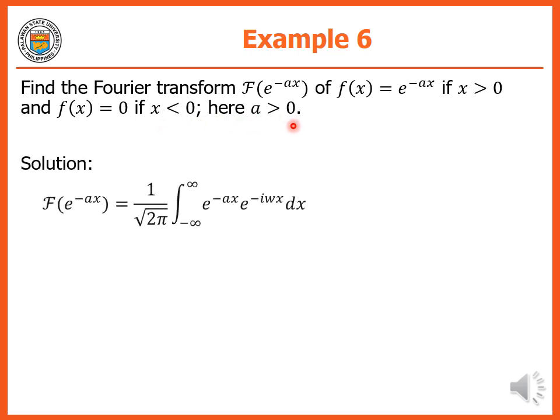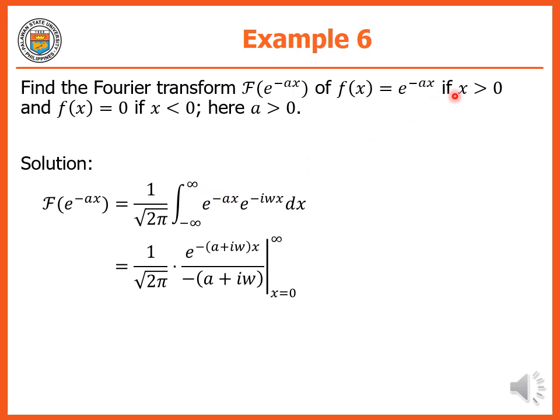For your solution, we have the Fourier transform of e raised to negative ax. We have 1 over square root of 2 pi times the integral of e raised to negative ax times e raised to negative i w x dx with limits from negative infinity to infinity.